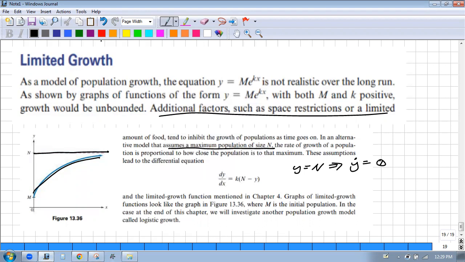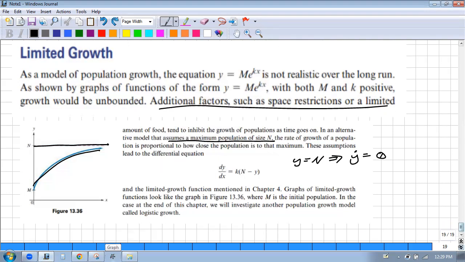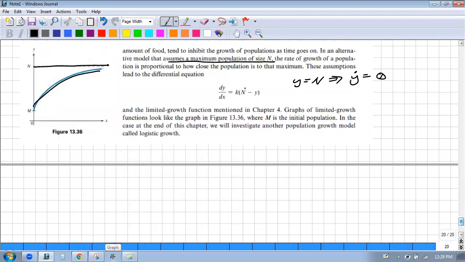So we do the same thing we did before. Here's our basic setup. We can integrate both sides. If you move the N minus y over here and the dx over there, you can integrate. This is going to give you natural log of N minus y, but you're going to get a minus, right?